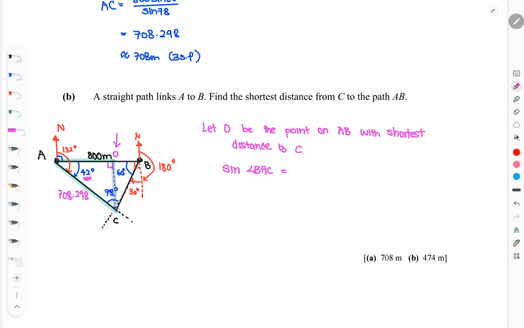I know that I can use my SOH CAH TOA. So opposite.